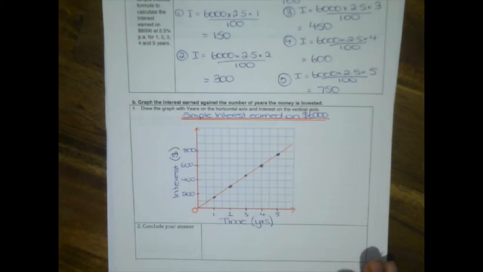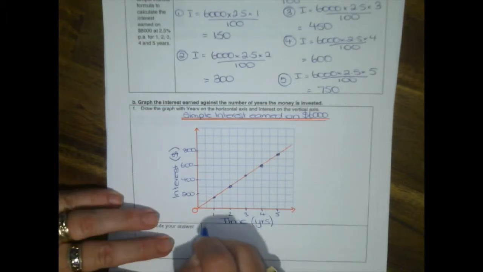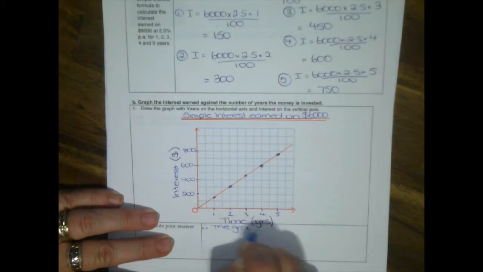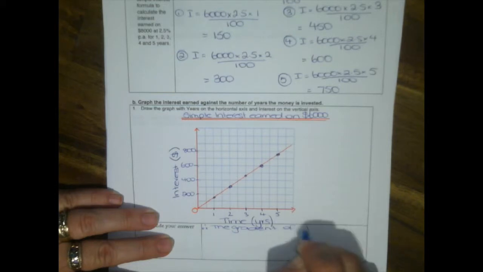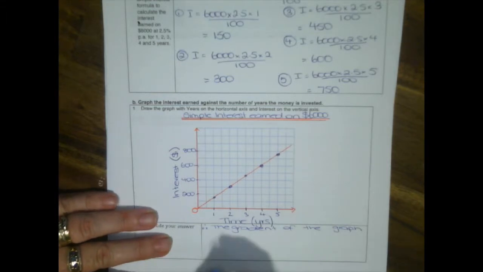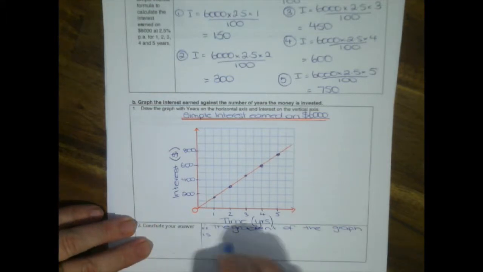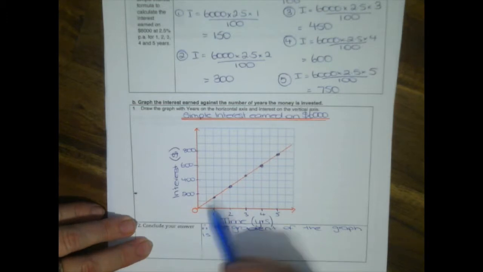Now it's time to write it in words. This is where it becomes a little bit more pointed in what you're going to write. So the gradient of the graph, first of all. So if we're looking at, therefore, the gradient of the graph is, now the gradient is, what's the difference between that slope and that slope?